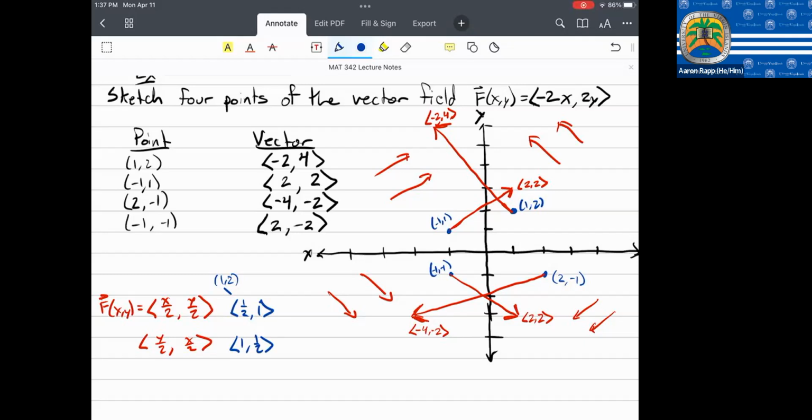The right? No. Because negative times negative is positive. Positive times positive is still positive. And then last one, quadrant 3, to the right and down, because we're going to get a positive x component, but then a negative y component.